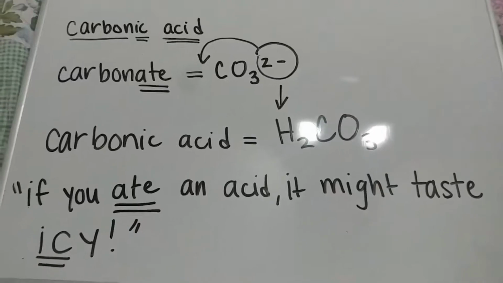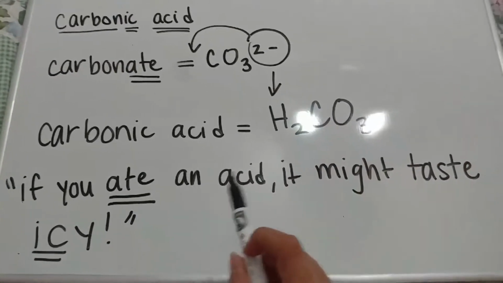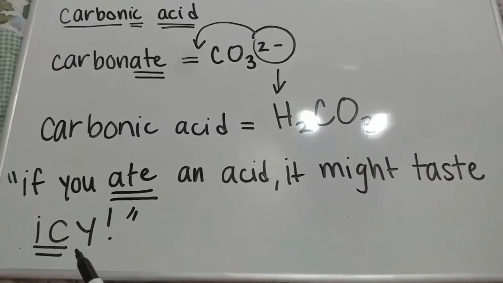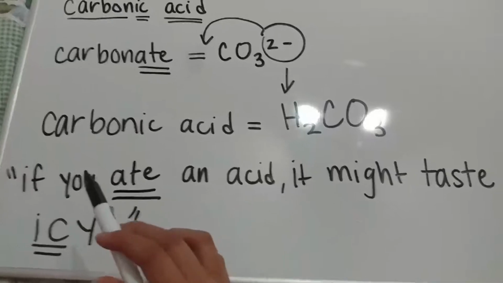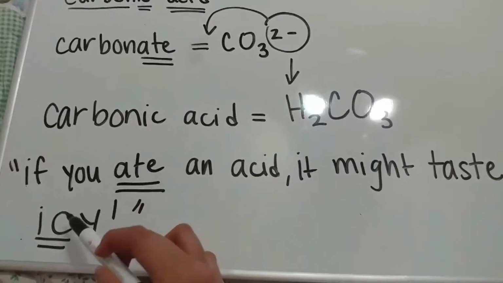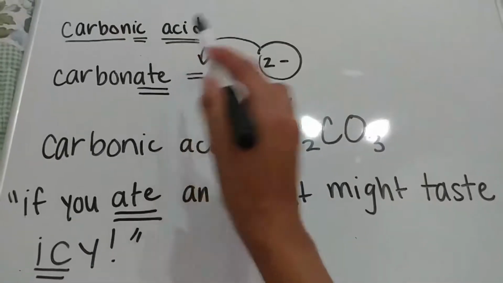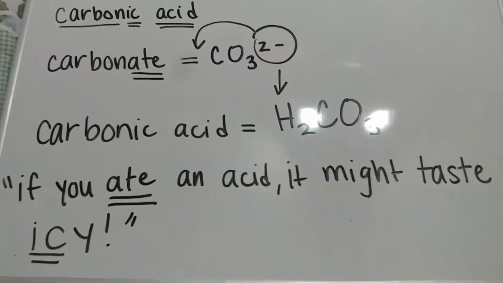And a simple little riddle to remember this rule: if you ate an acid, it might taste icky. So anything with an ending of ate would have an ic plus acid at the end. It's just something that can help you remember this rule.